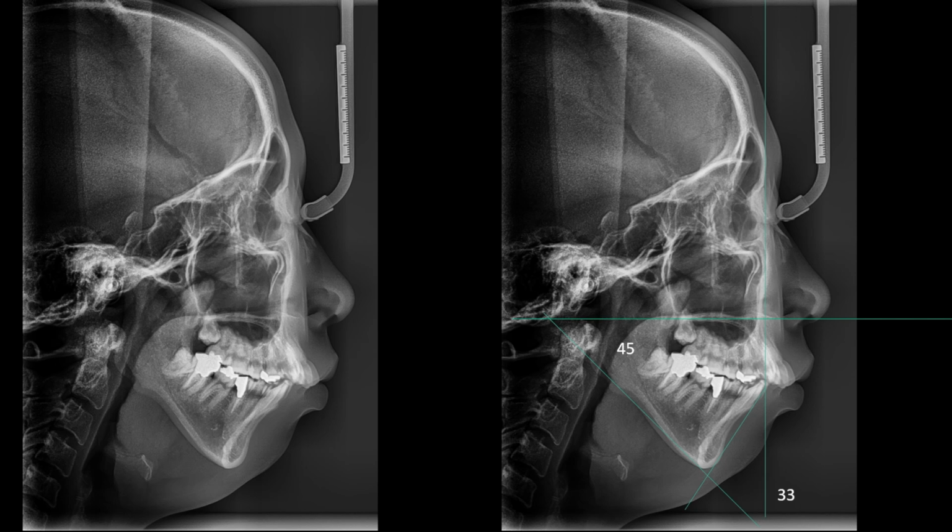So he evaluates the angle, and it is 45, okay? 25 to 30 is normal, okay? But it's very, very bad. And this one is also really bad.